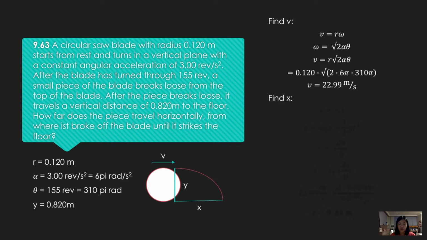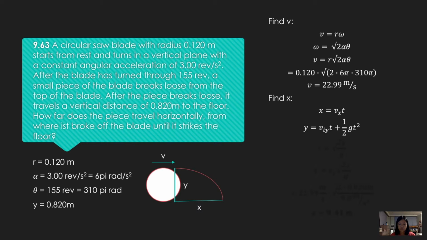Now we can find x using the tangential velocity as the v sub x. And now for this equation, we need to find time. So we can use the height it traveled. And since v sub iy is equal to 0, since there's no vertical component, we can just scratch that out.